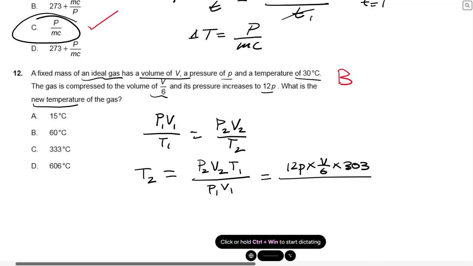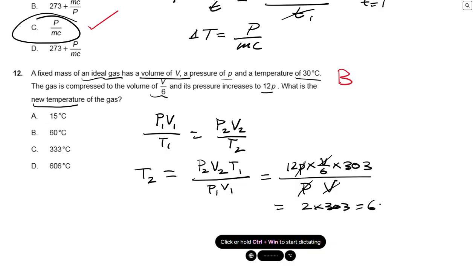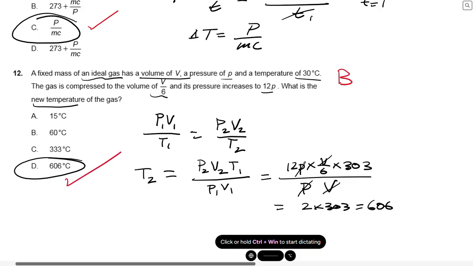I'm going to leave this as 300 just for simplification. And then P1 is P, V1 is V, so these cancel out. What we have is 2 times 303, which is equal to 606. So our answer is D.